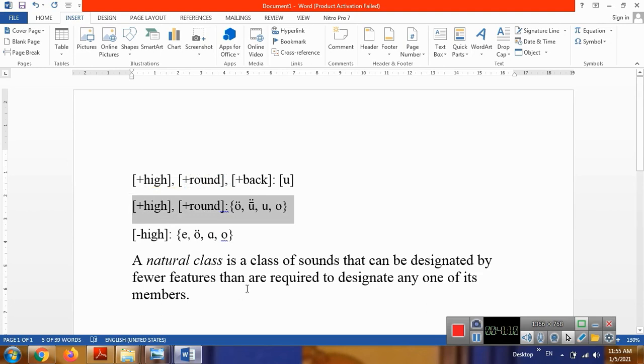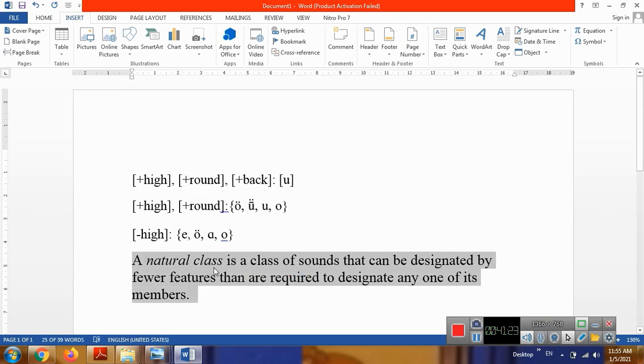I hope that you get the point here. I try to define the natural class according to the Turkish vowels and Turkish features. By this definition, a natural class is a class of sounds that can be designated by fewer features than are required to designate any one of its members.